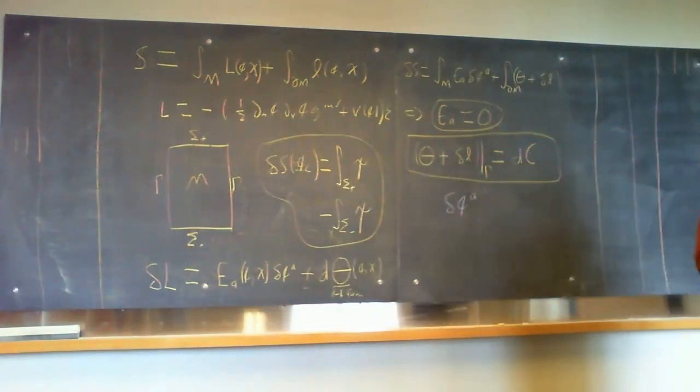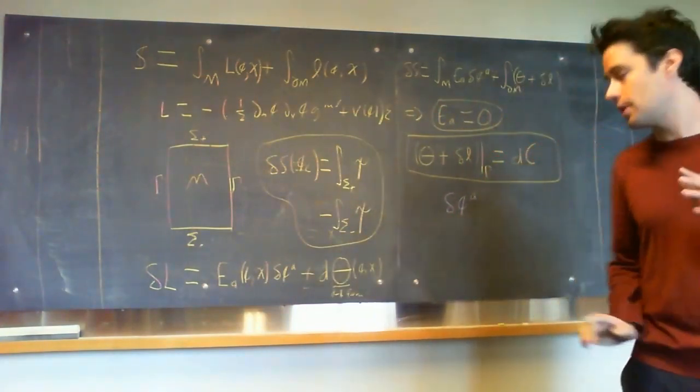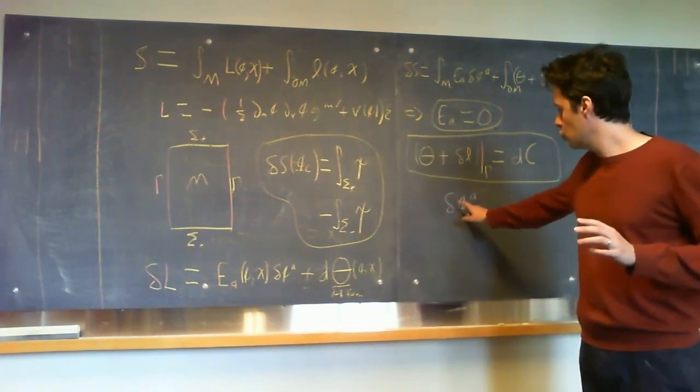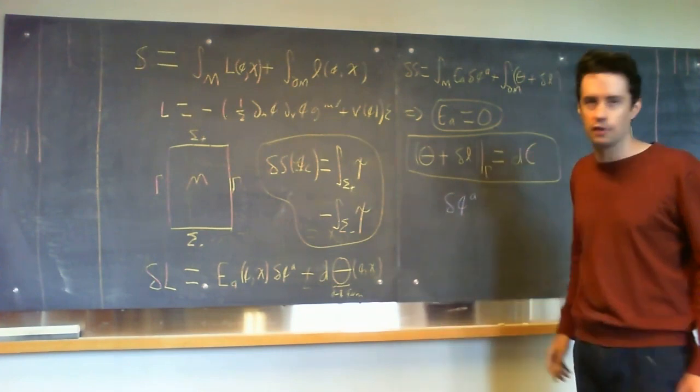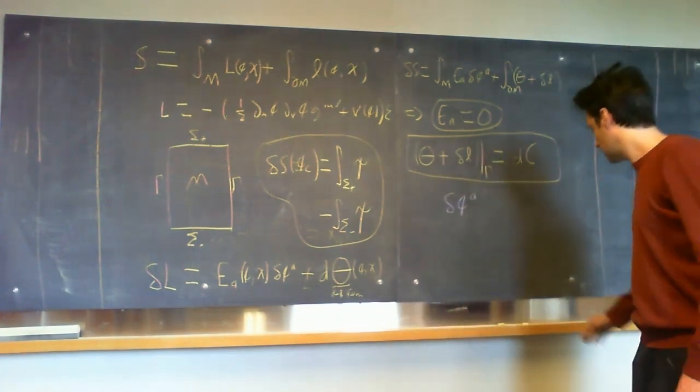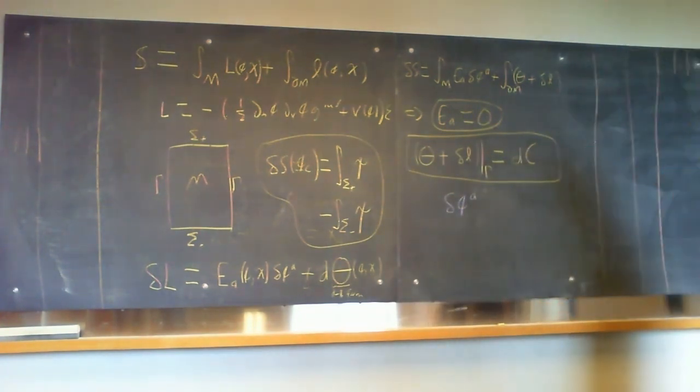But actually, it's much, much better to think about this as a one form on the set of configurations of phi. So let me try to say this a little bit more carefully.